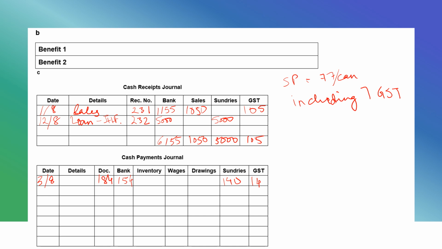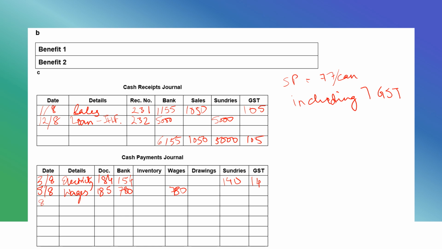Next, you've got the 5th of August, wages, 185, that's 780 here, and that's it. So you've got just the wages. The other 780 to balance it out will be out of the bank. And what for? For the wages.